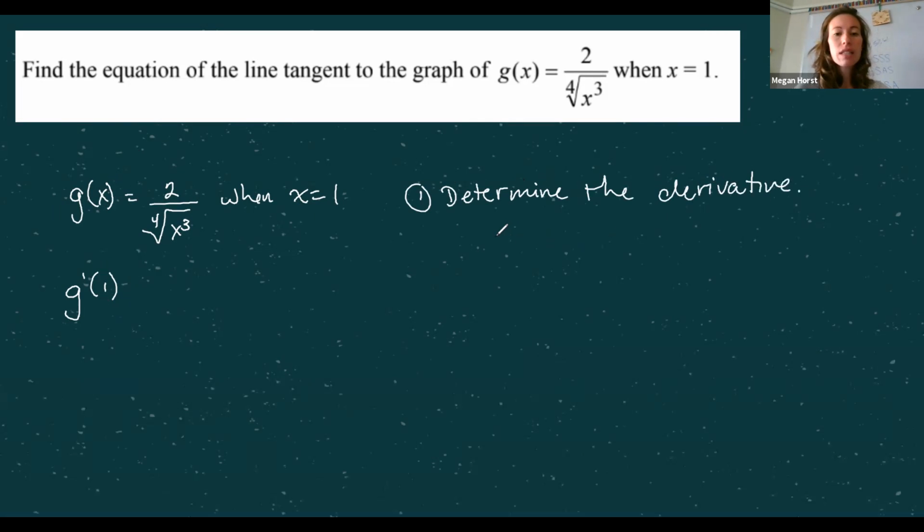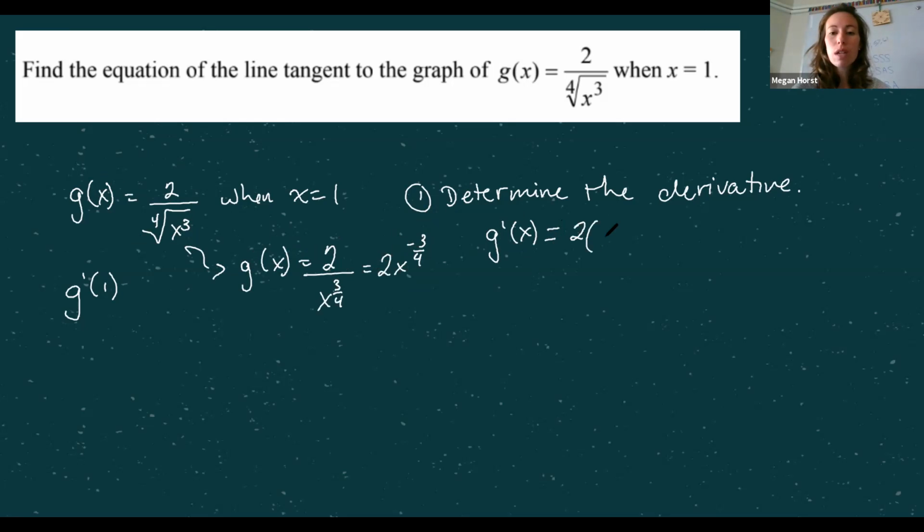So I'm going to say g prime of x equals, well, I can't do that yet, right? So let me rewrite this in a way that makes more sense. I have g of x equals 2 over x to the 3/4, which is the same as 2x to the negative 3/4. So if I'm finding g prime of x, I'm going to bump that 3/4 to the front.